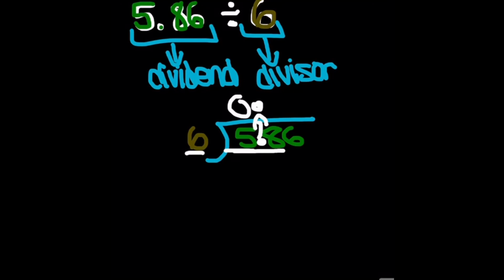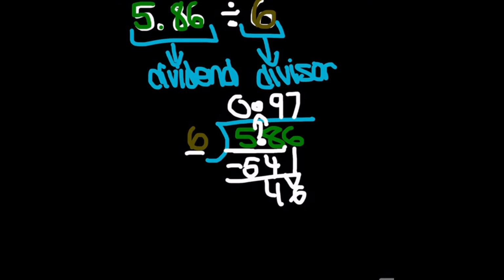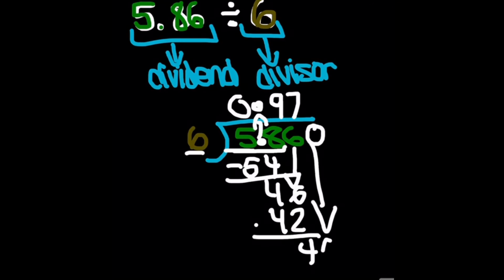And now 58, 6 can go in 9 times. 54, minus, you get 4. Bring down that 6. Now it could go in 7 times. That would be 42, minus, you get 4. Again, you always bring down that 0. You don't have to worry about that. Now that could go in 6 times, 36, minus, you get 4.